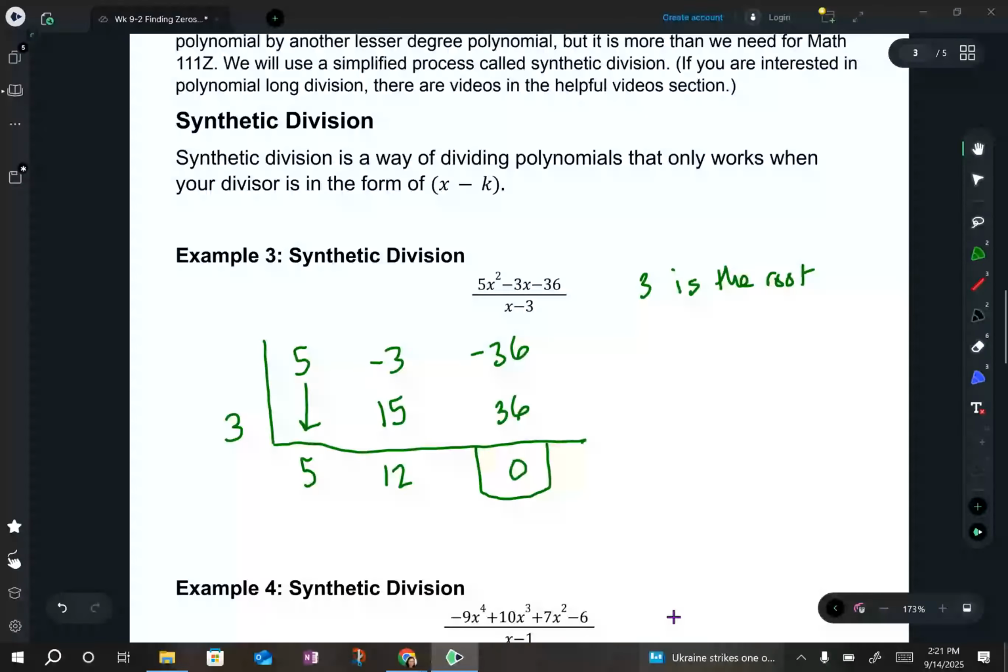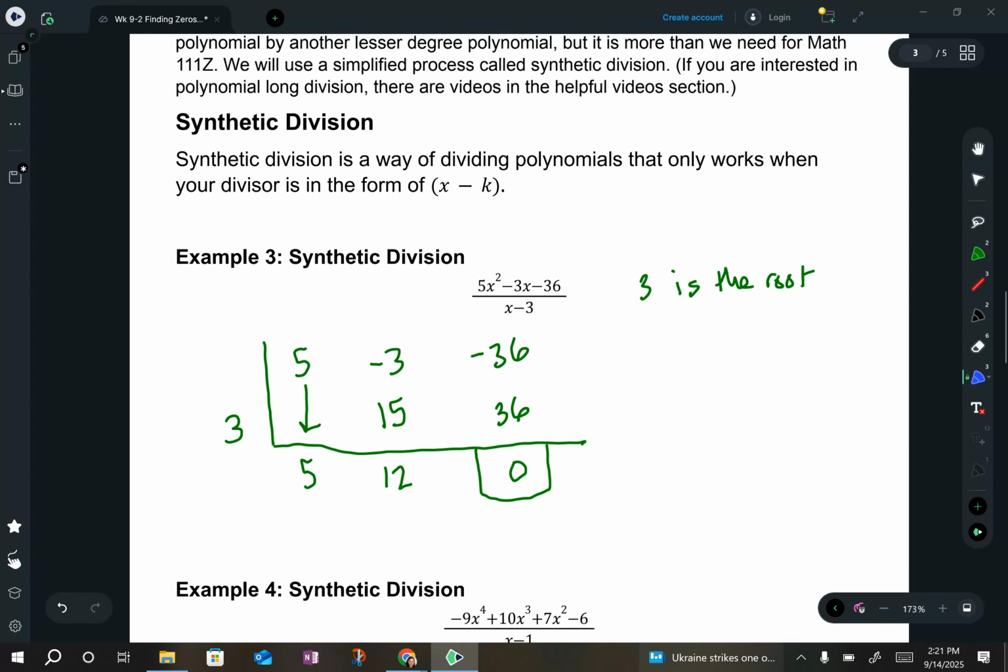Let's get into that a little bit more. So if we look at what else is left over here, we have a 5 and we have a 12. This is my constant term, and this is my x. And then if I had more, I would keep going up. So what this tells me is that if I take 5x squared minus 3x minus 36, and I divide it by x minus 3, it would be 5x plus 12.